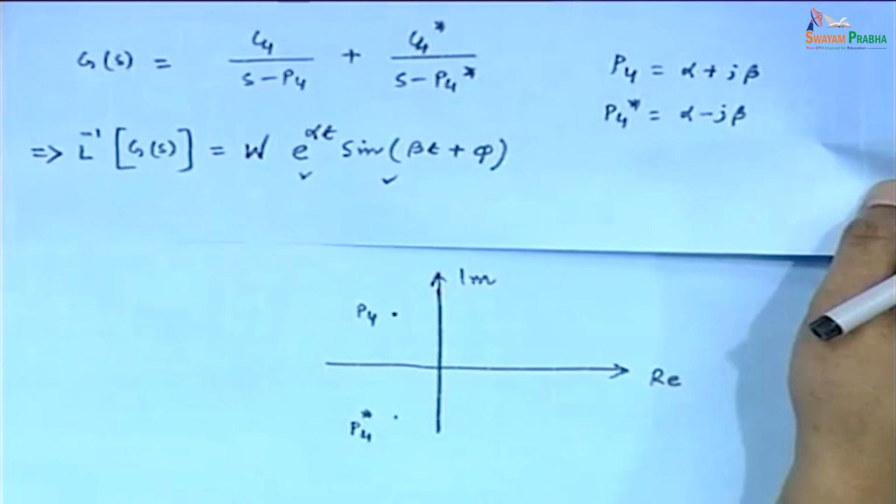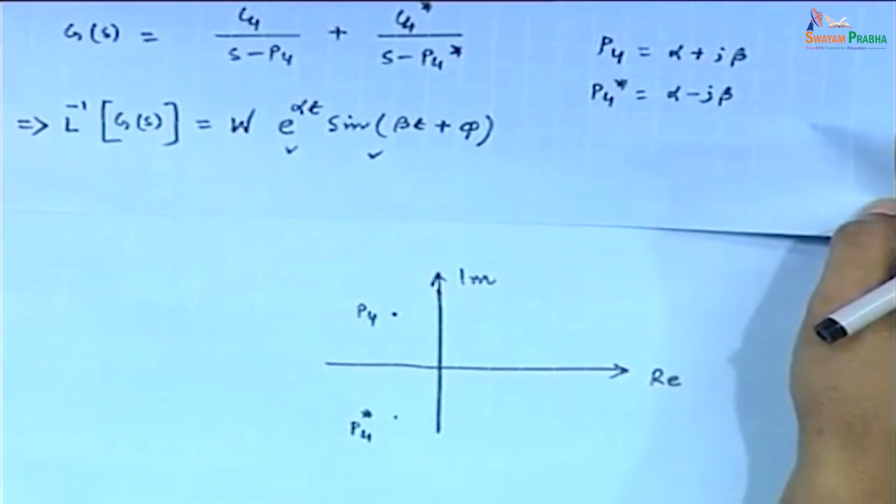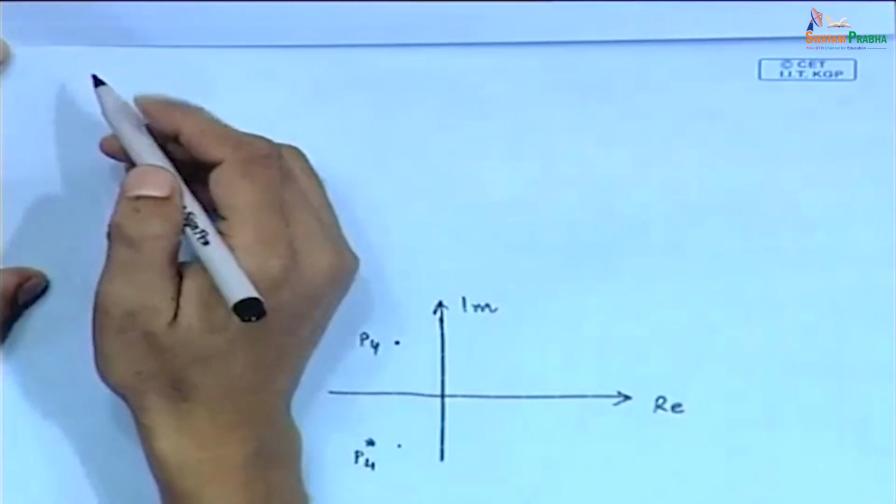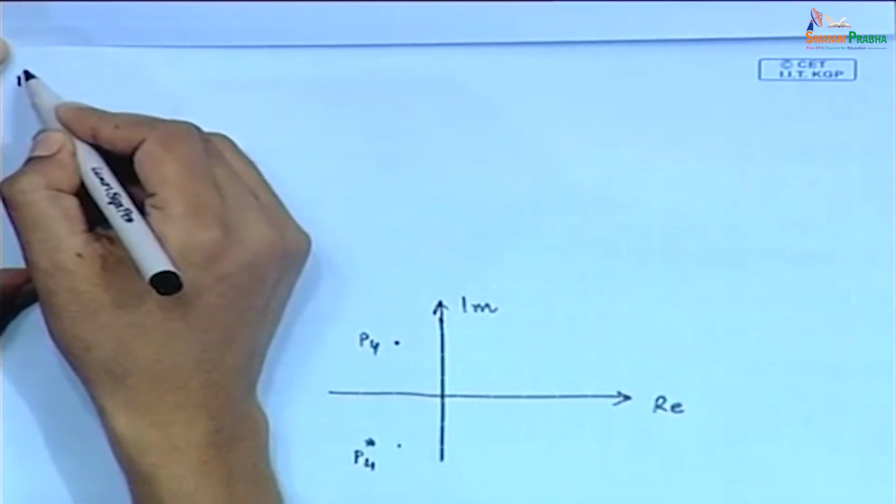Then what will be the response of the process having two complex conjugate poles? So, in the first case we will consider alpha greater than 0.